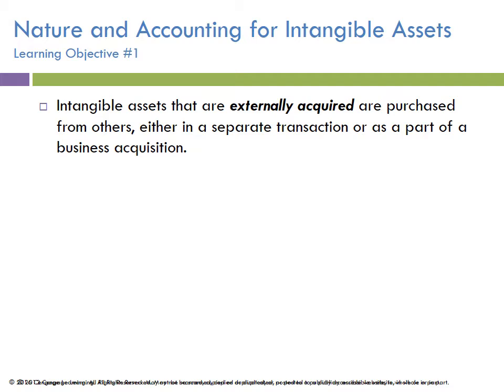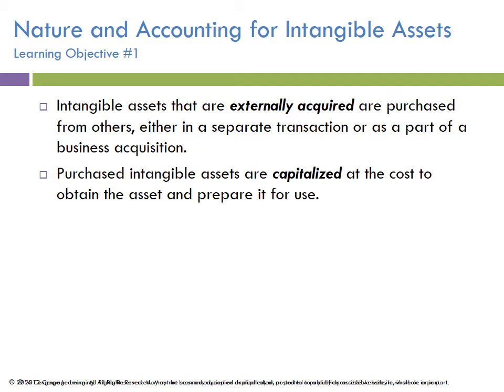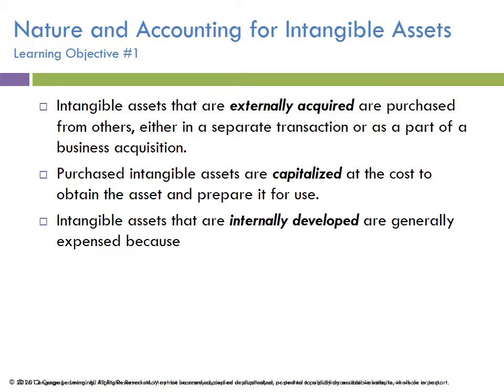Now, intangible assets that are externally acquired are purchased from others, either in a separate transaction or as part of a business acquisition. Purchased intangible assets are capitalized, or debited to an asset account, at their cost to obtain and prepare for use, very similar to a plant asset. Those that are internally developed are created within the company.